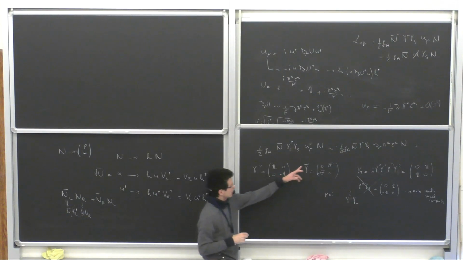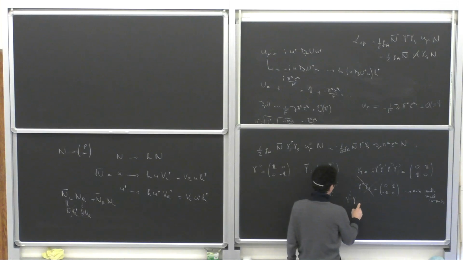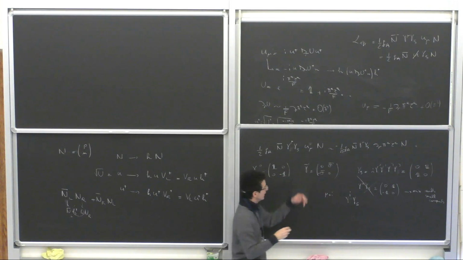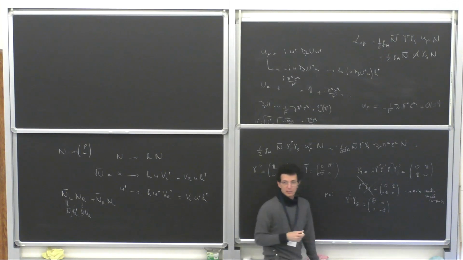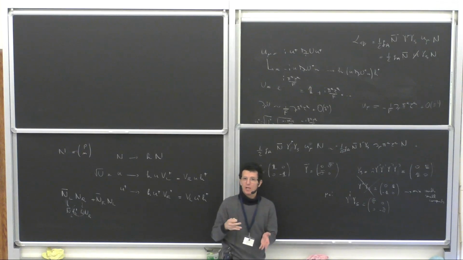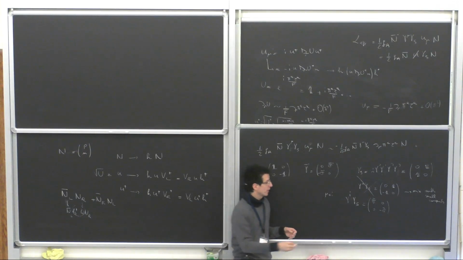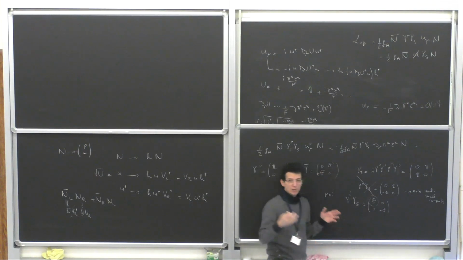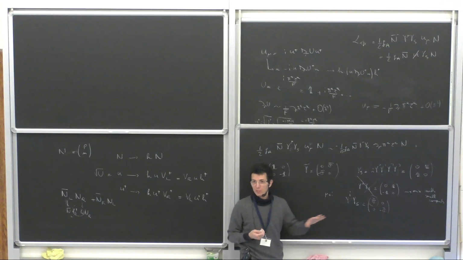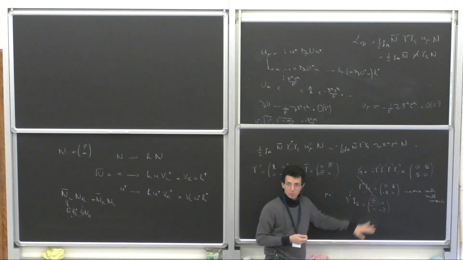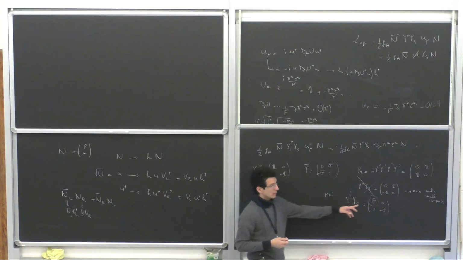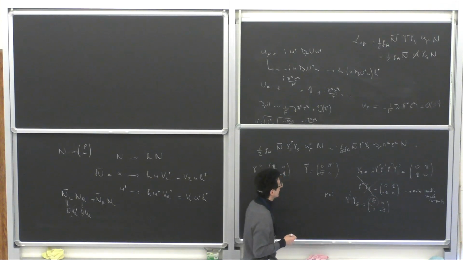In this case, this combination of gamma matrices, gamma i, gamma 5, is simply sigma, 0, 0, minus sigma. It's a diagonal matrix. It doesn't mix large and small components. In particular, the large components contribute. This is the 2 by 2 sub-block. So this is the sigma, the spin matrix.